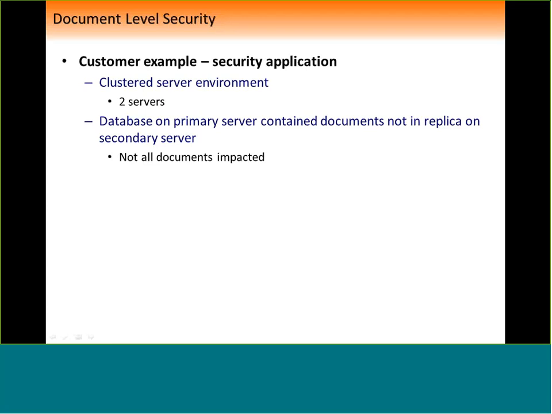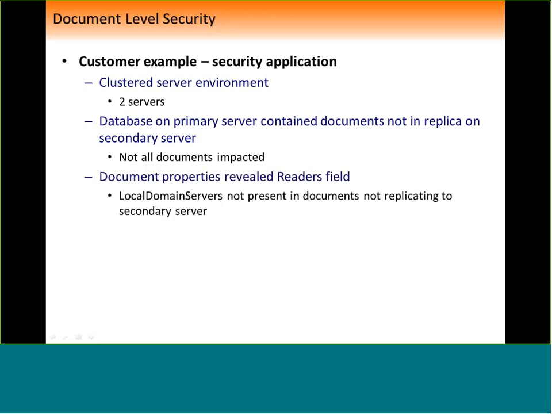It was a planned outage, so they could easily come back to their primary server, and all the documents were there. They started looking around and said, well, we see some of the newer documents, but we don't understand why. So they called us and asked us to take a look. We dug in, and one of the things we found is that someone had gone in about 2 months prior and changed the form, adding a readers field.